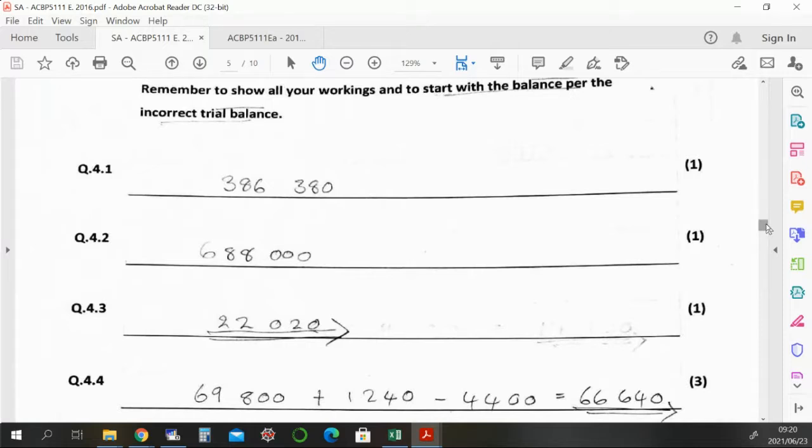Then you say, and post it as such. So in other words, the error is now in your stationery. Because what they're telling you is the stationery account is 900 Rand more than what it should be. So how do we reduce the stationery account? We know stationery and postage is an expense, right? So how do we reduce it?